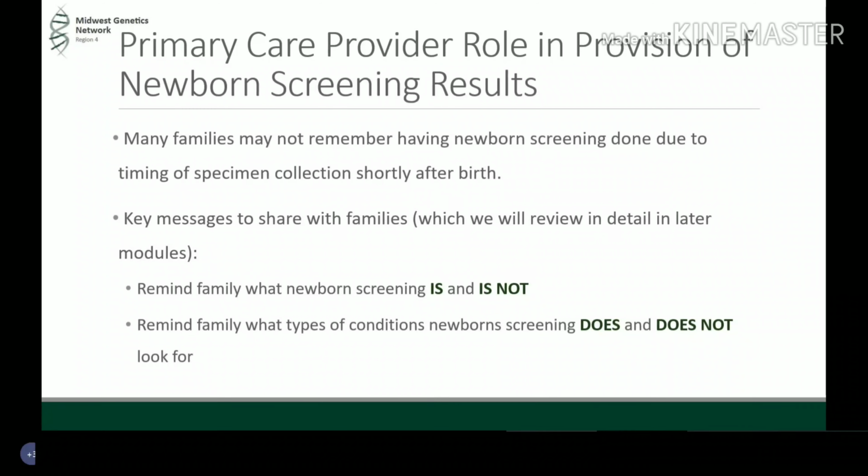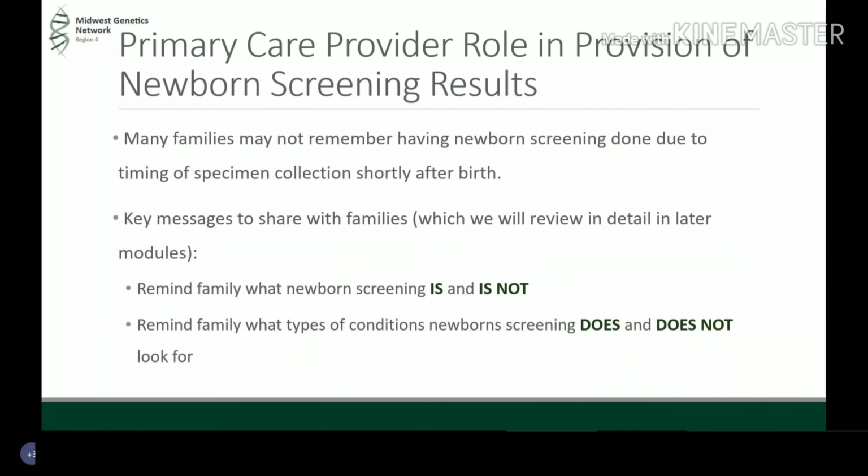Because of this, many families find it helpful to receive the results along with some context. And while we will discuss communication strategies in more depth in future modules, a couple of starting points include, one, reminding families about newborn screening and what newborn screening is.